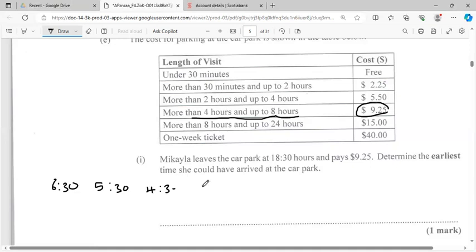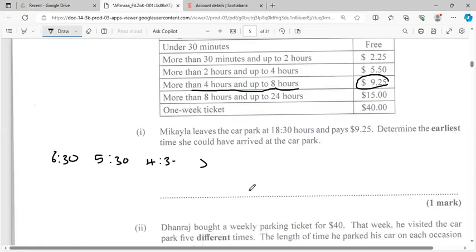So let me just use a finger. 5:30, 4:30, 3:30, 2:30, 1:30, 12:30, 11:30, 10:30. That's the earliest possible time. That's where the 8 hours stops. If not, it would have gone over to $15. So 10:30 at the earliest.